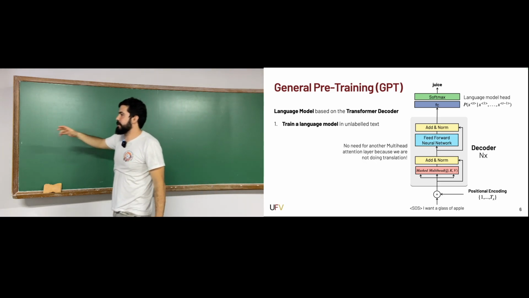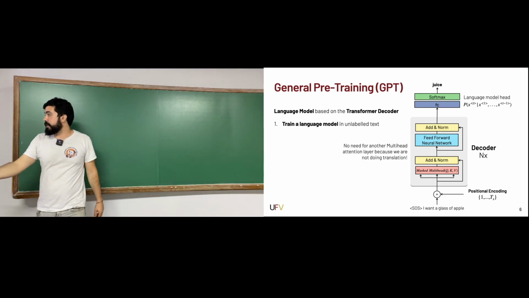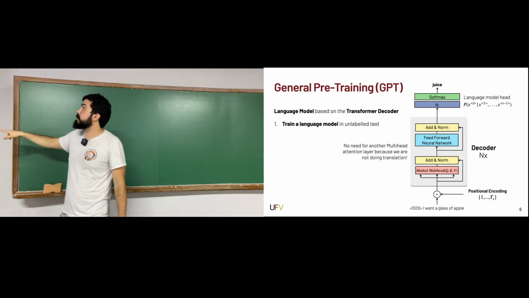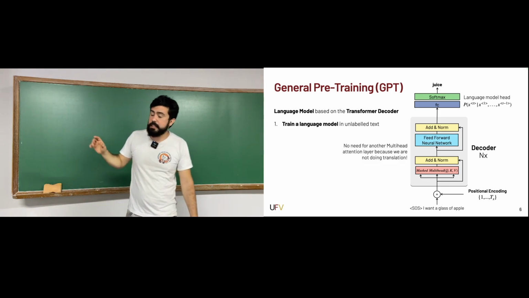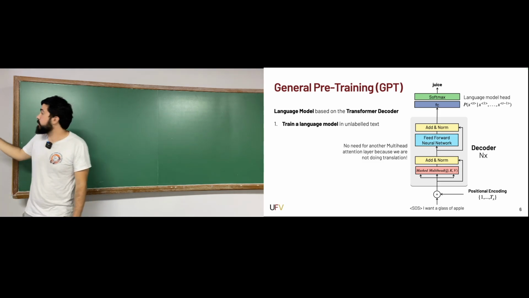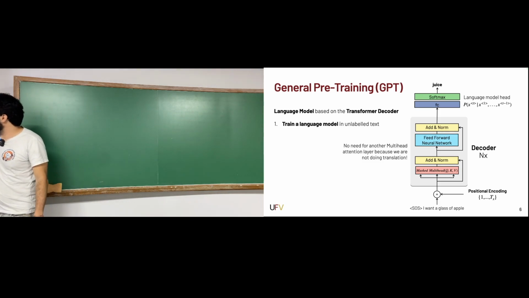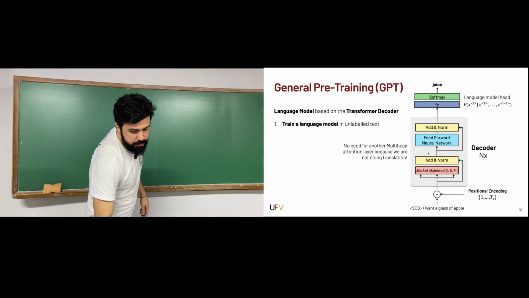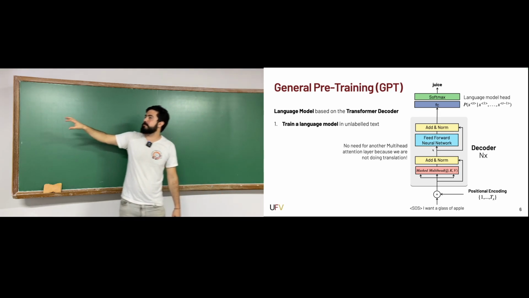And remember, this is basically trying to predict the next word given the previous words. Here I have this example: start of sentence, I want a glass of apple, and then the model tries to predict juice. There are a couple of differences. First of all, I don't have the encoder. This is just a decoder. Second, I don't have that multi-head layer in the middle of the model anymore. I just have the bottom masked multi-head.